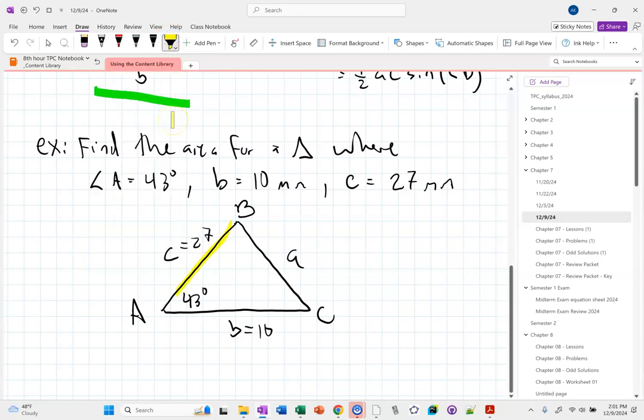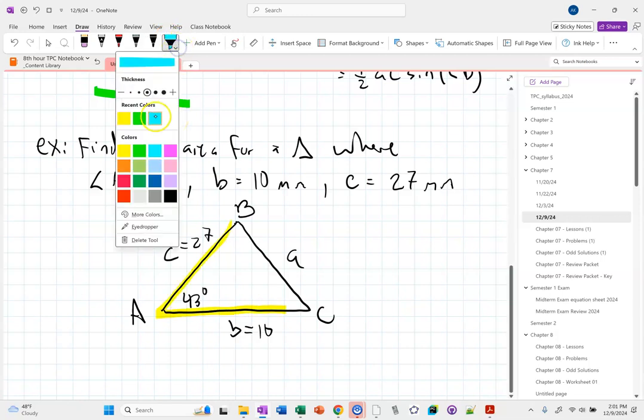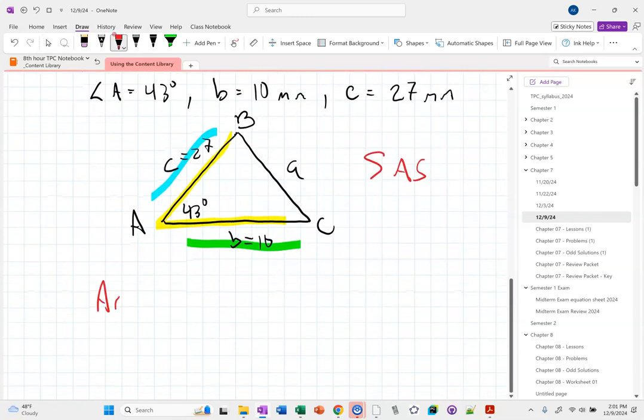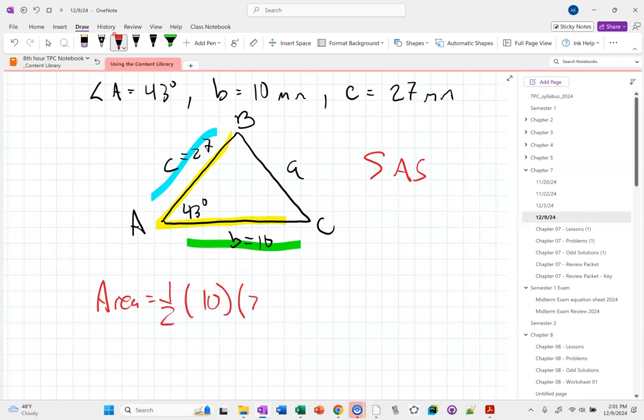If I look at what I have, what kind of triangle do I have here? It's a side angle side, which is great. So I can just say my area equals 1/2 times 10 times 27 times sine of 43.